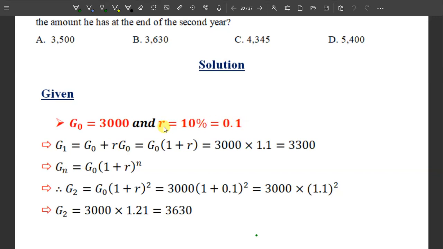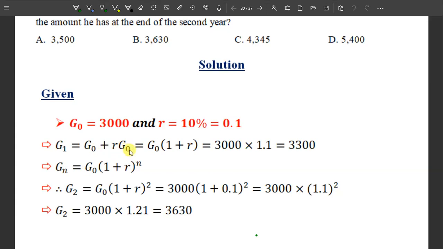The rate at which the bank pays interest will be 0.1, and therefore after a year his amount becomes this initial amount plus interest rate times this initial amount.